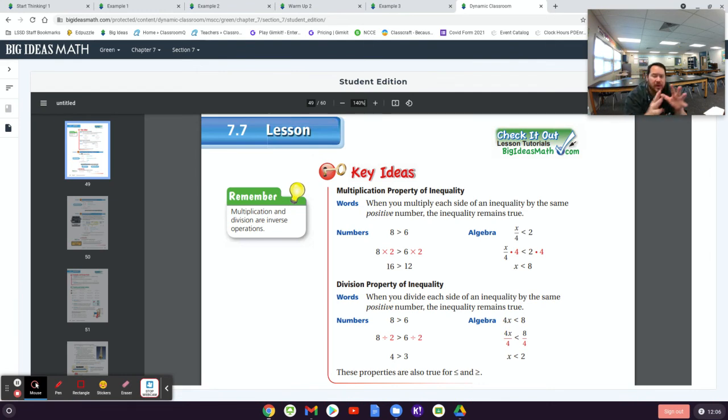That's something we don't have to worry about yet, but you will have to keep that in mind. So for future reference, what we're doing for this whole lesson only works with positive division and multiplication. When you divide by a negative or multiply by a negative, you're going to have to turn the sign around. Okay, that's the one difference. Everything else is exactly the same as solving equations.